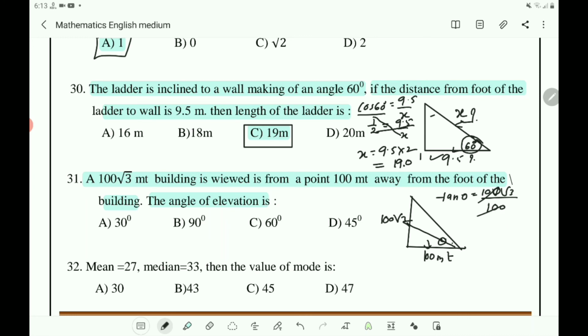So 100 cancels. Then tan theta equals root 3. Tan of how much is root 3? You must know that tan 60 degrees is root 3. So theta is equal to 60 degree. Therefore, what is the angle of elevation? Angle of elevation is 60 degree.